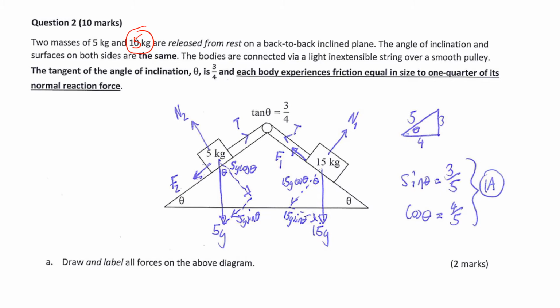The tangent of the angle of inclination, theta, is 3/4. So there, and I've just made it nice and clear for you on the diagram, I would have thought. There's your constant angle of inclination on both sides of the back-to-back inclined plane, and there's tan of theta equal to 3/4. Okay, when you see it in that form, I think most of you did this. I actually gave you 1 mark for the next part.